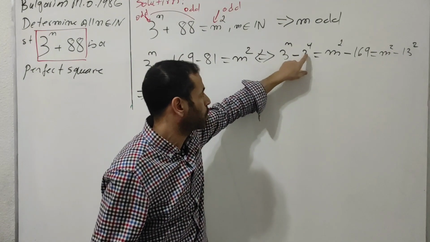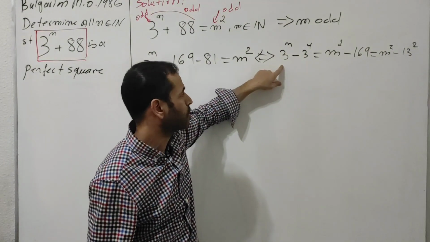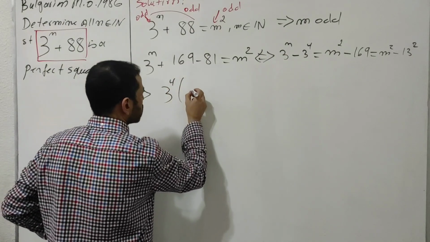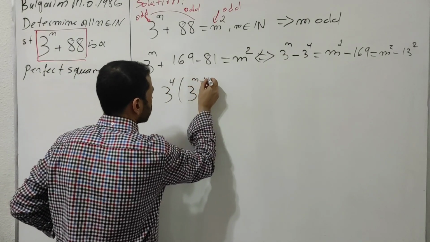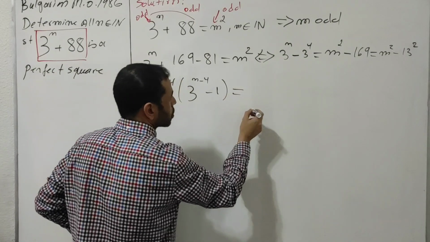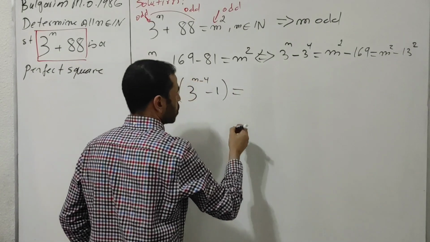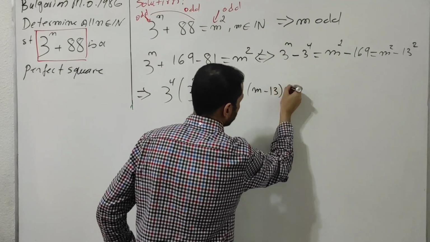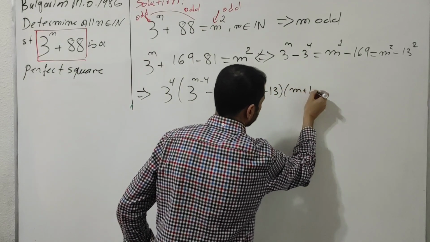Then I'm going to put 3 to the 4 as a common factor on the left hand side. I get 3 to the fourth multiplied by 3 to the n minus 4 minus 1, equals m squared minus 13 squared, which is the same as m minus 13 multiplied by m plus 13.